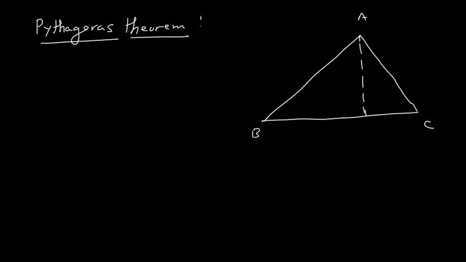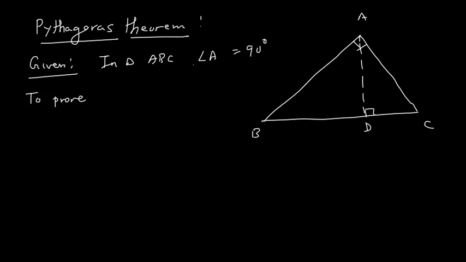Let us say this is D. In Pythagoras theorem, what is given? In triangle ABC, angle A is 90 degree, given. And what we have to prove? So we have to prove that AB square plus AC square is equal to BC square.